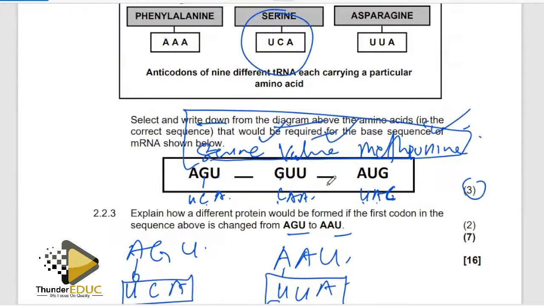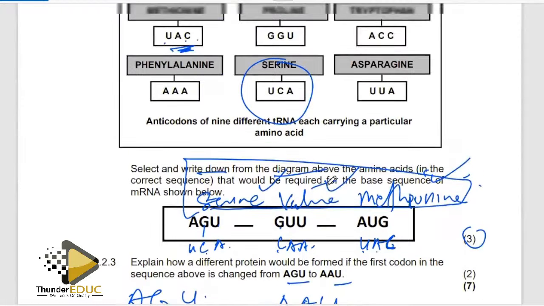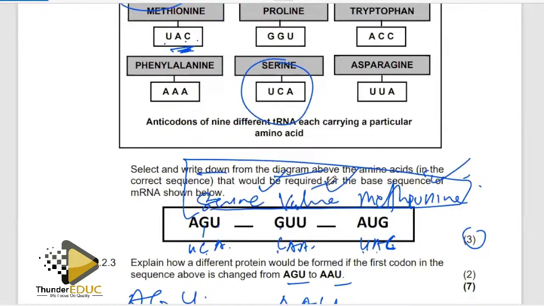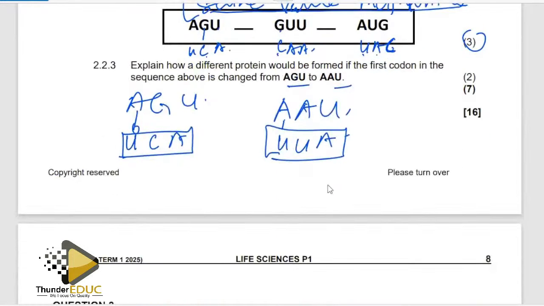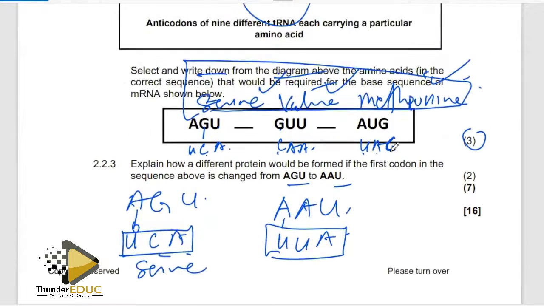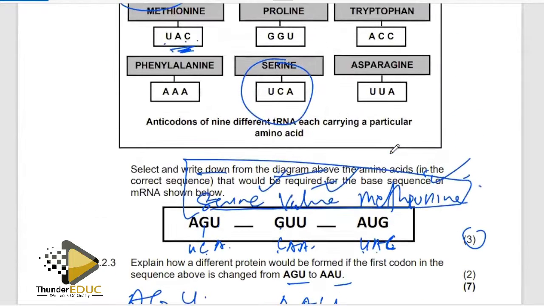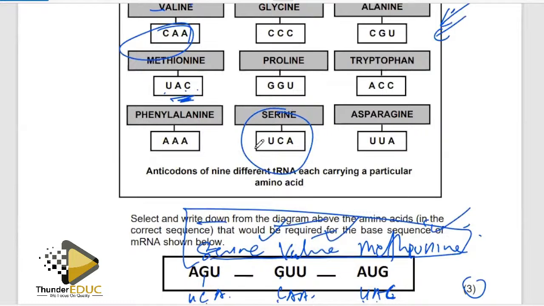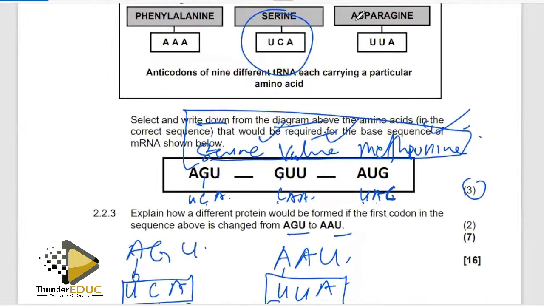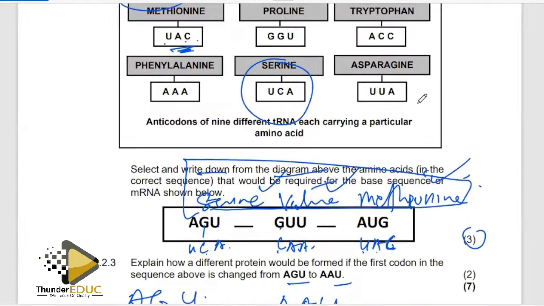So UCA is serine. Here it's showing serine. And then UUA is, where is it? Oh, UUA is asparagine.